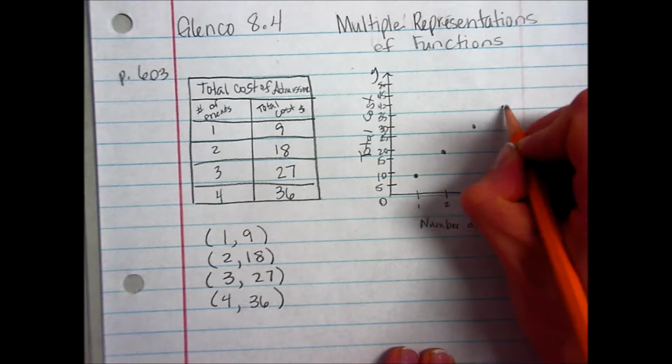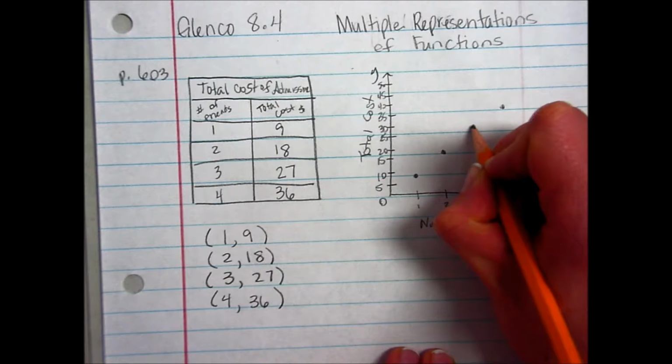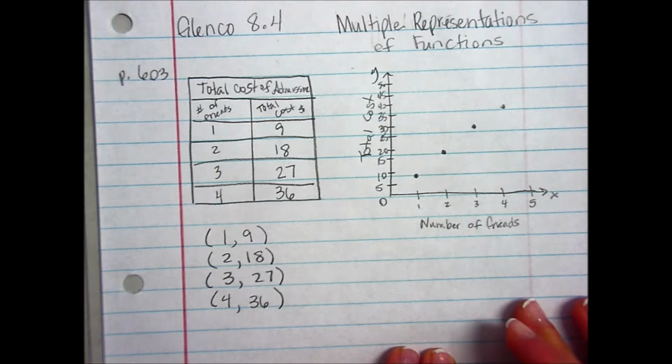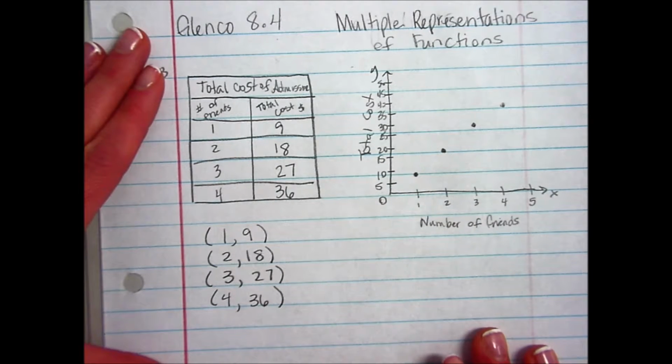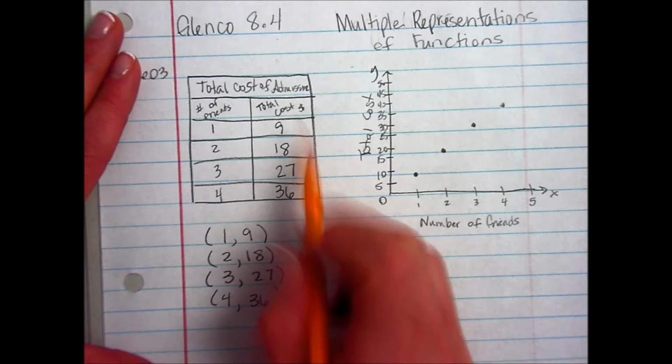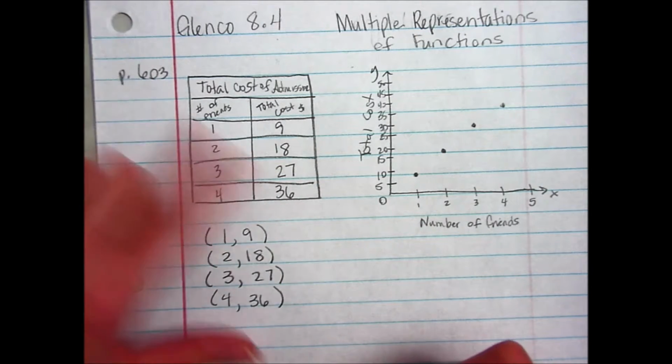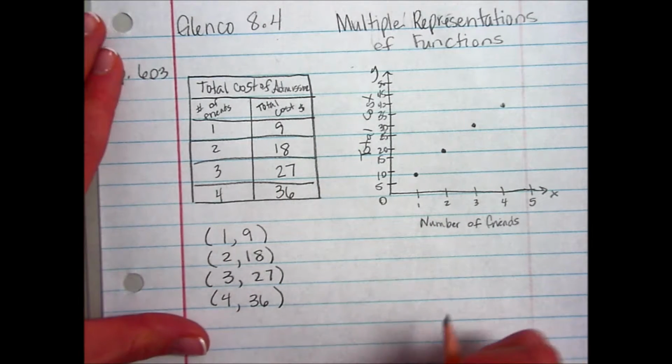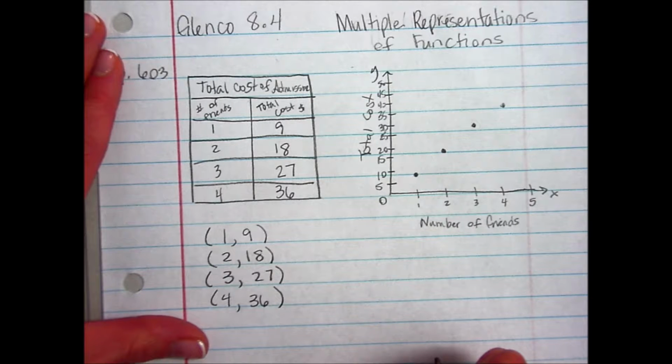Okay, will this be a linear equation? Yes, ma'am. Because it will form a line. All right, so what equation did we use to find the total cost depending on the number of friends? Seth? 9x. Sure, okay.